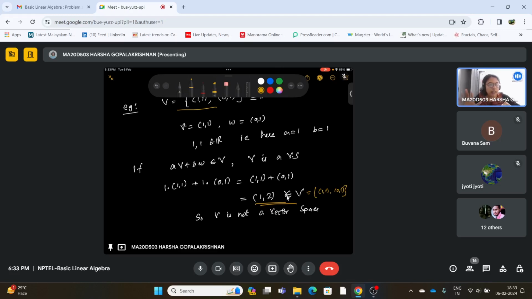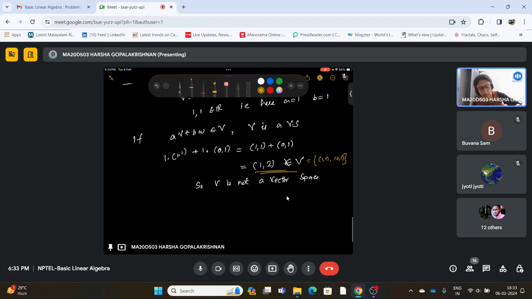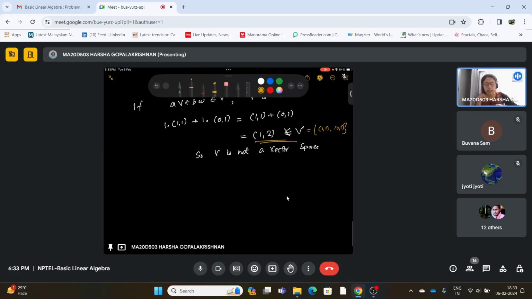So clearly V is not a vector space. That is the concept of vector space. If we take all the linear combinations of a set S, we call the set of all linear combinations the span of S. That span of S will always be a vector space. So this is the concept of vector space.